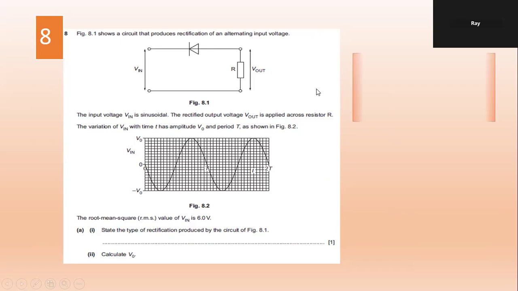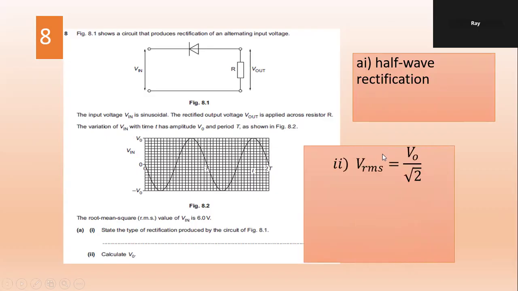Right? It's half wave rectification. Calculate V naught. This is just a simple way of letting you earn the mark. Memorize the formula. V root mean square is V naught over root 2. V naught is V root mean square times root 2.